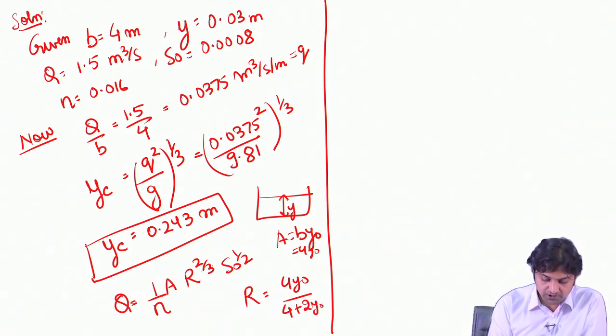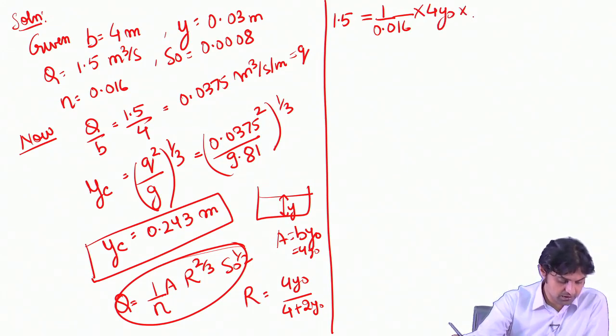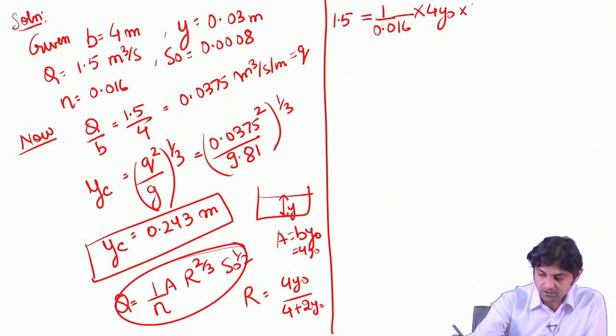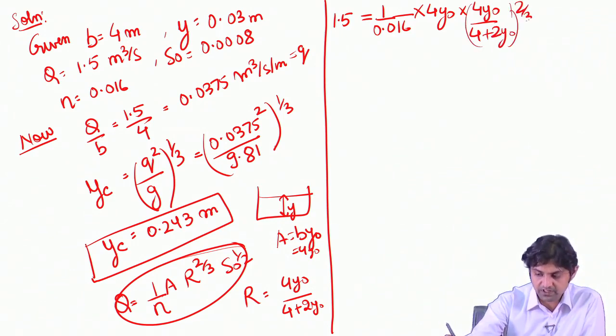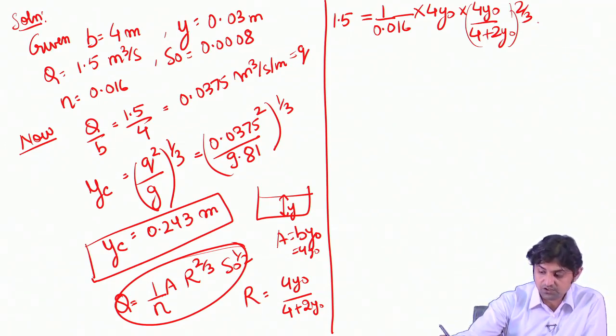So, if we use all these values in this equation here, Q is 1.5 given, is equal to 1 by 0.016, n, A is 4 into y naught, hydraulic radius is 4 y naught divided by 4 plus 2 y naught, and this whole to the power 2 by 3, all right, and then multiplied by S naught to the power half.